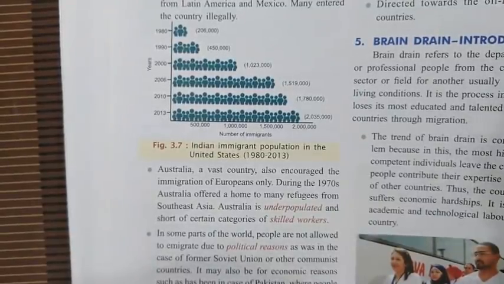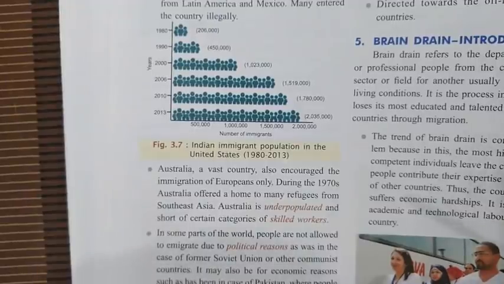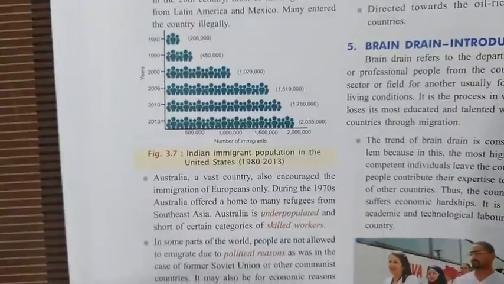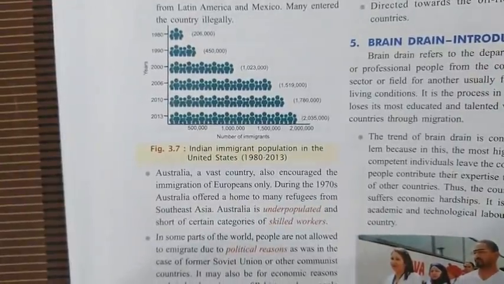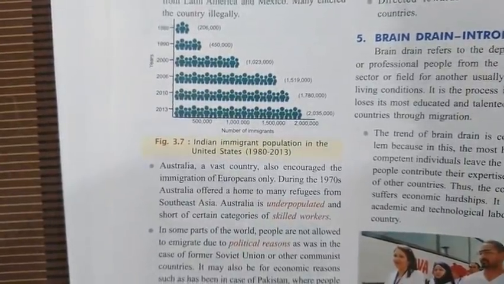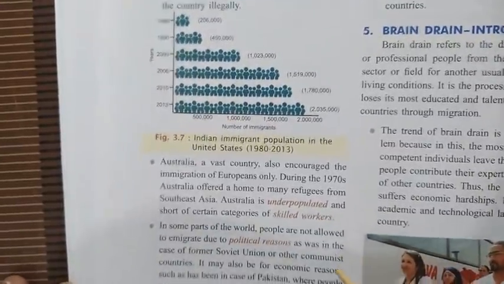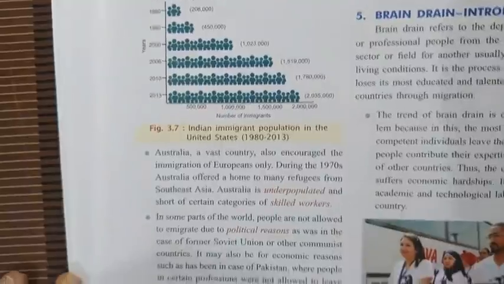So these people were provided a home, a shelter there. But after that, as the population increased, and especially because of terrorism activities, even Australia has restricted this migration now.